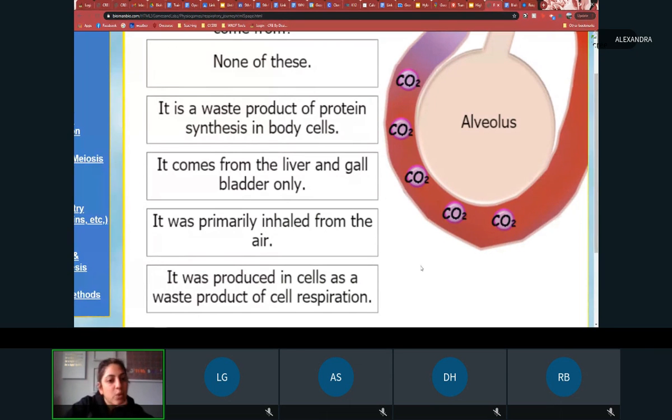So, which one is it going to be? Which one?